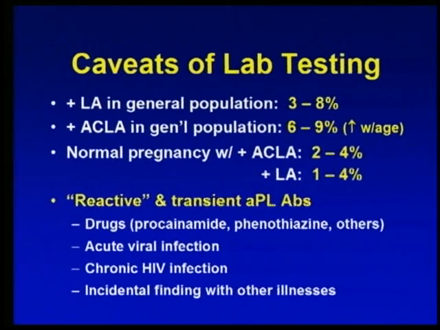So reactive or transient antiphospholipid antibodies can be associated with certain drugs, procainamide being one of the more common offenders, phenothiazines and others also reported. Acute viral infections, this is commonly seen in children after a case of chickenpox or other viral infection. They can have transient antiphospholipid antibodies. In the adult population, the infection we commonly see associated with antiphospholipid antibodies is HIV infection.